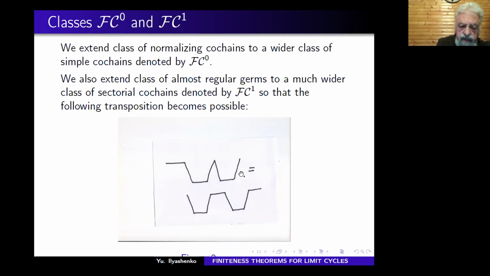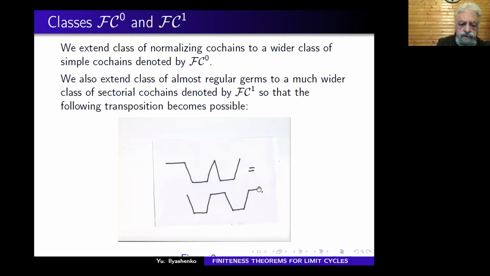But we are not satisfied by this form of characteristic. We prefer to have the characteristic like this, when all the pits come together, and then comes a map of zero level.